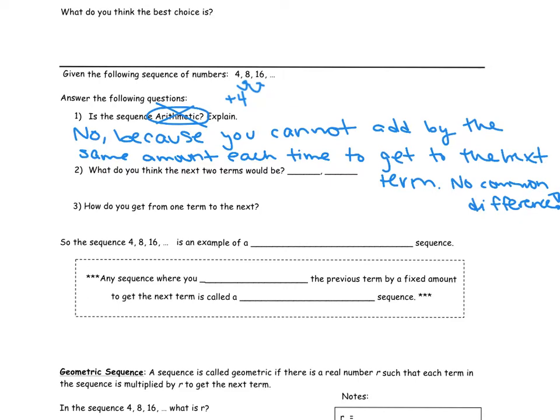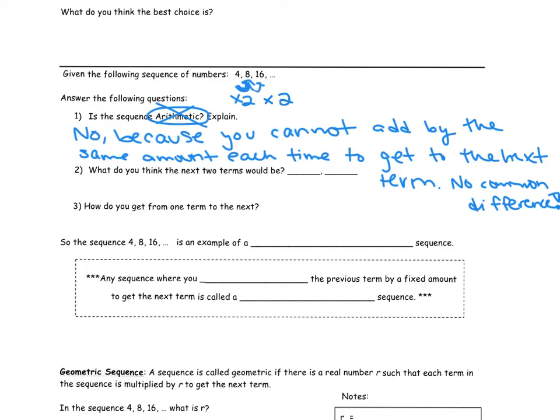So clearly we're not adding by the same amount here. So we talked about the other options. Instead of addition and subtraction would be now to look at multiplication or division. So let's see. Well, to get from 4 to 8, we had to multiply by 2. And in order for us to get from 8 to 16, well, again, we're multiplying by 2.